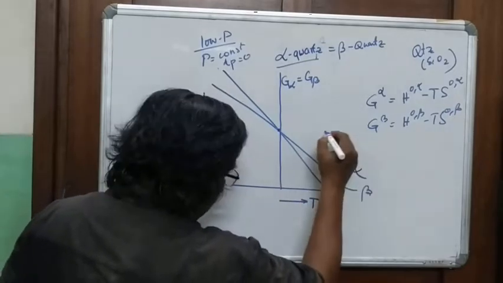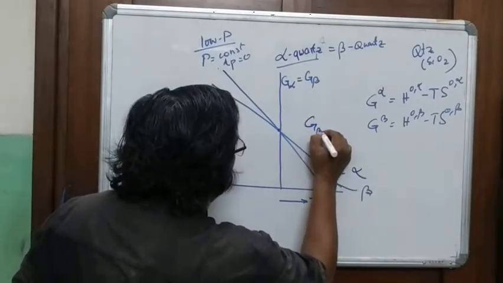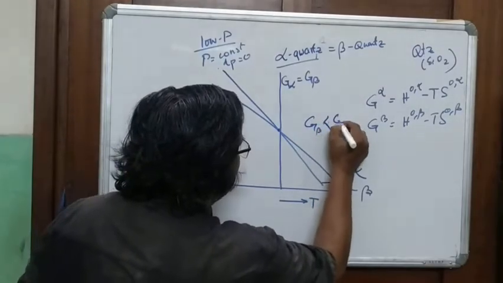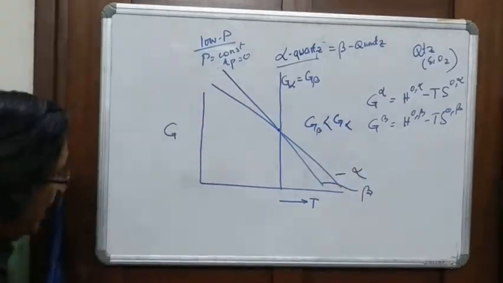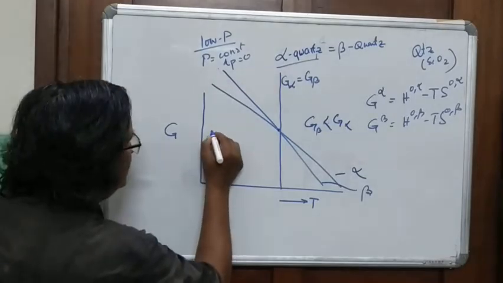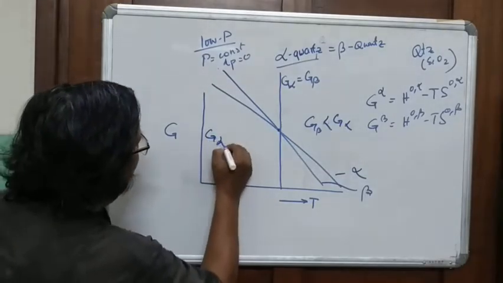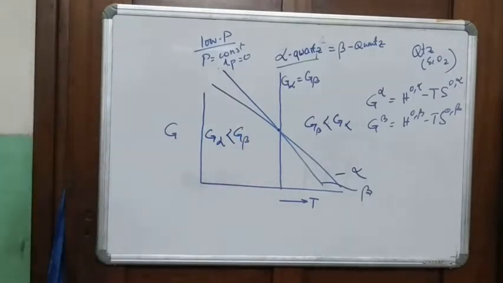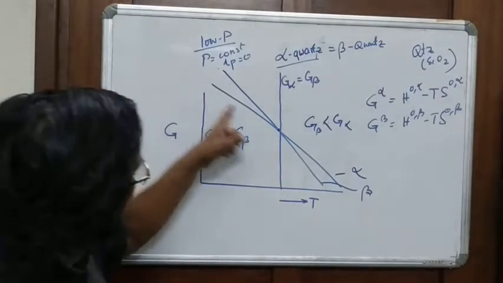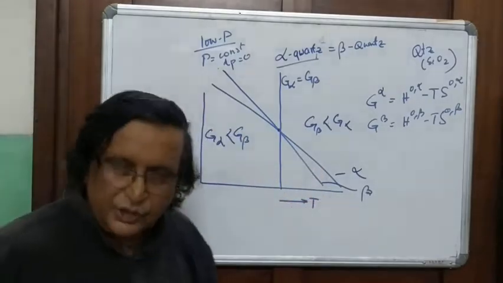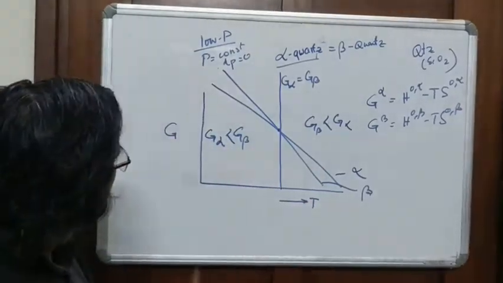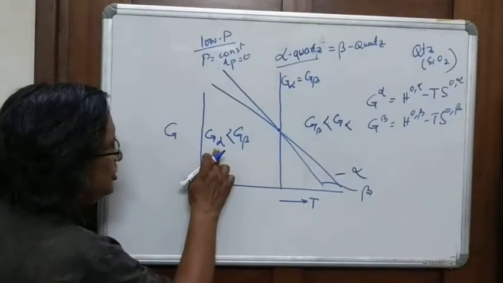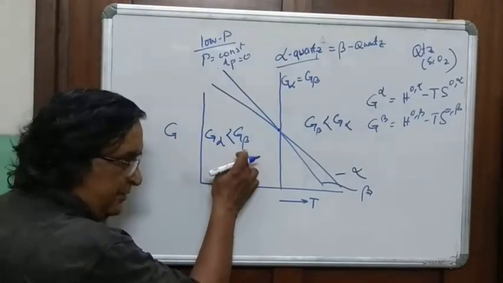On this side, G beta is less than G alpha, and on this side, G alpha is less than G beta. Right? So the one with the lower free energy should be stable. So at lower temperatures, you can see G alpha is lower than G beta.